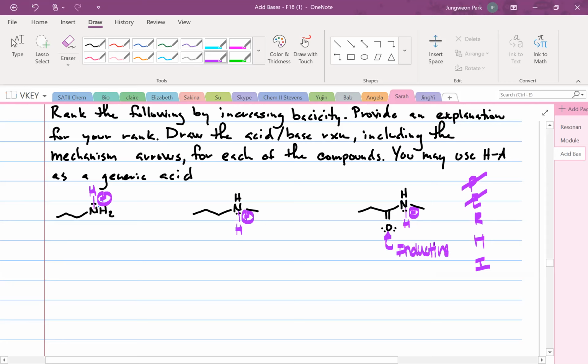So if you have inductive effect, is that stabilizing or destabilizing? Stabilizing. Good. So that's probably going to be the strongest acid or the weakest base, right? What about the other two?